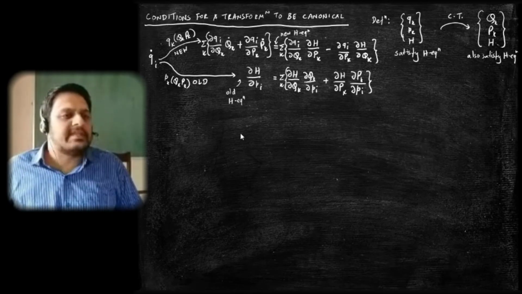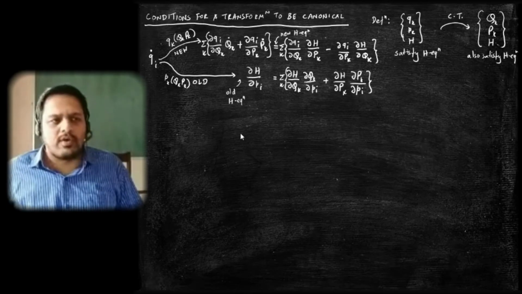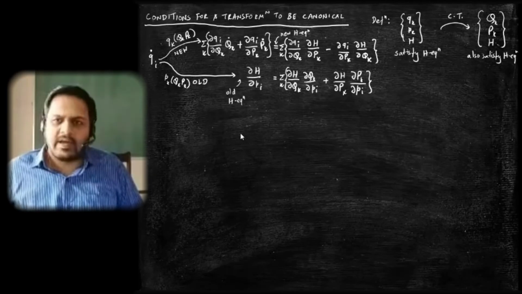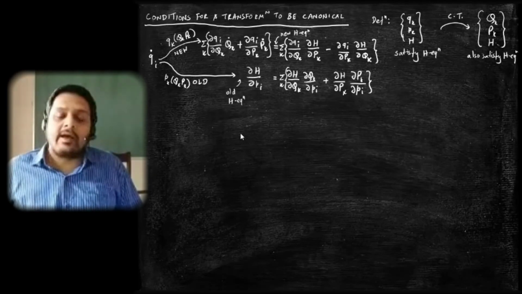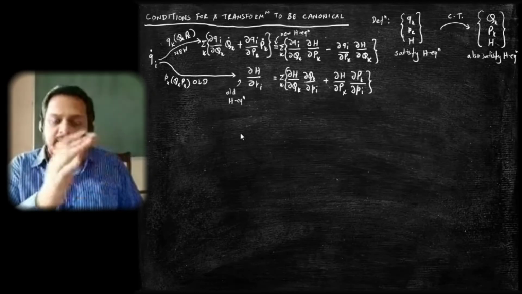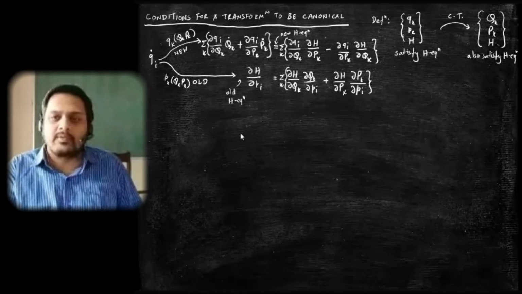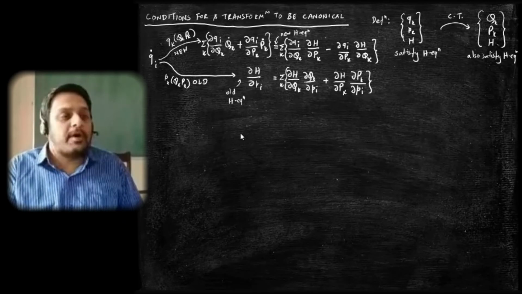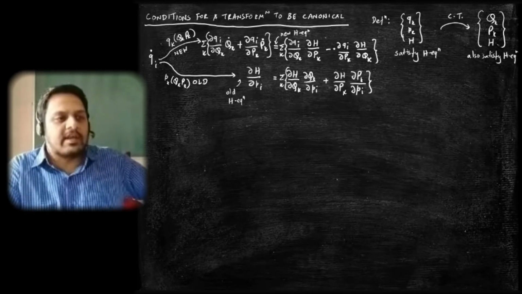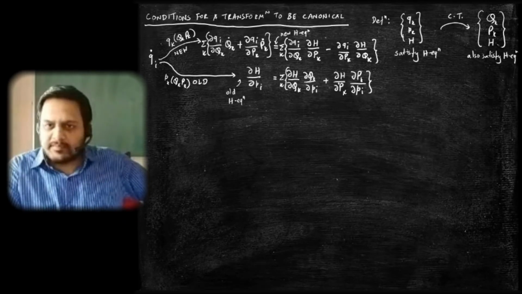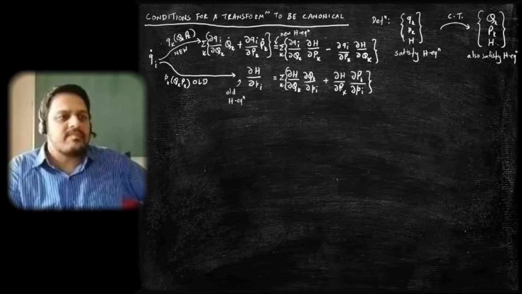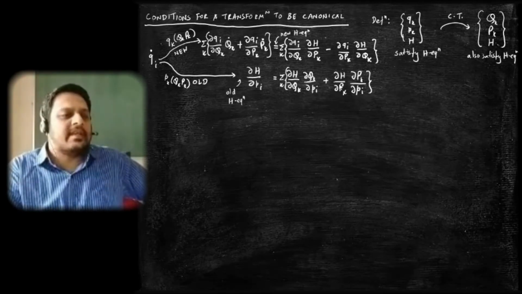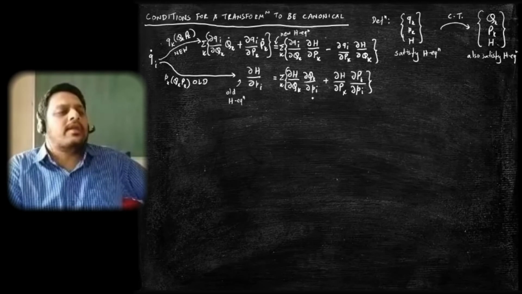So basically, implicitly, I am trusting that both the old and new variables are satisfying Hamilton's equations. Therefore, I have already assumed here that the transformation between small q, small p and capital Q, capital P is a canonical transformation. But that is possible only if both of these curly brackets are equal to each other. That is the idea. If these two curly brackets are equal to each other, then what comment can you make?